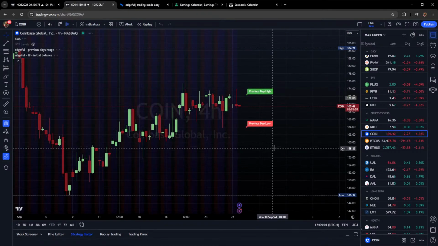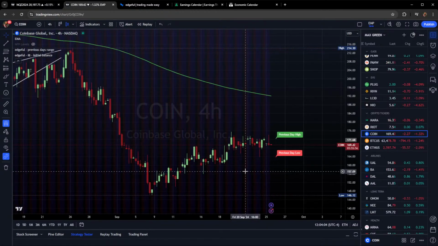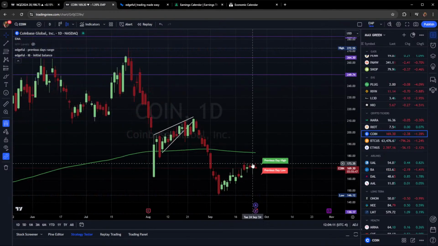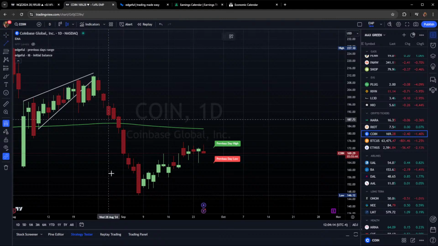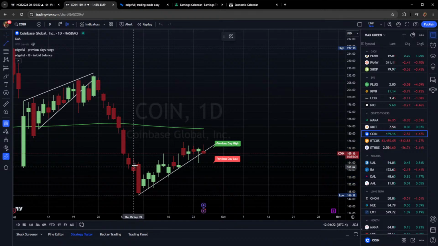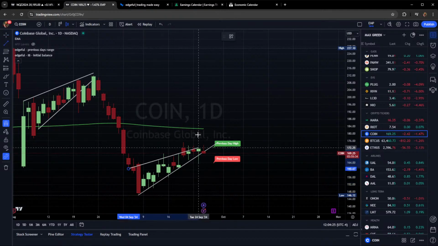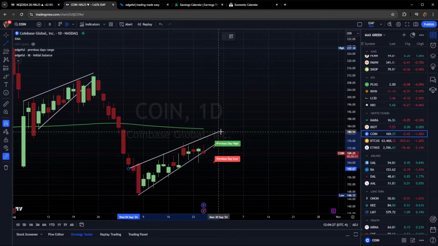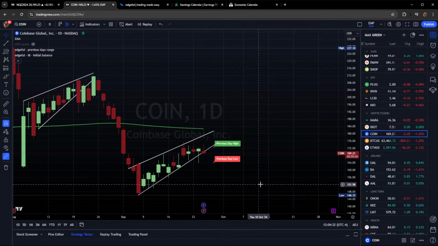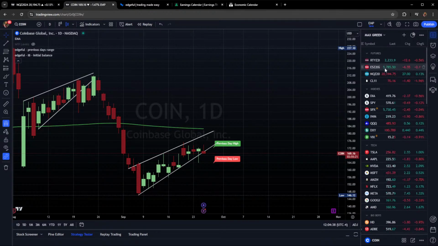Oh, this is one I've been talking about. That's that bear flag I've been watching on Coinbase.